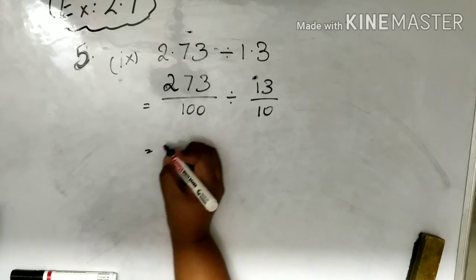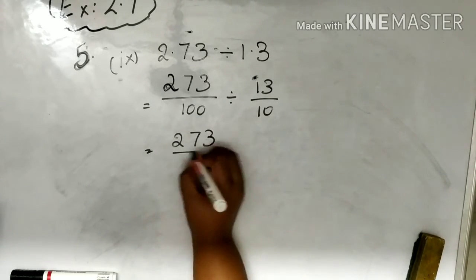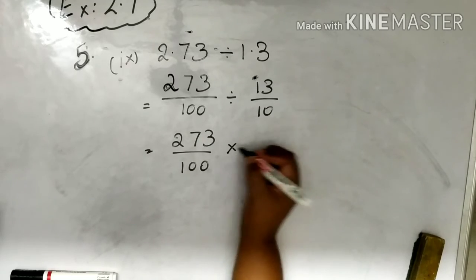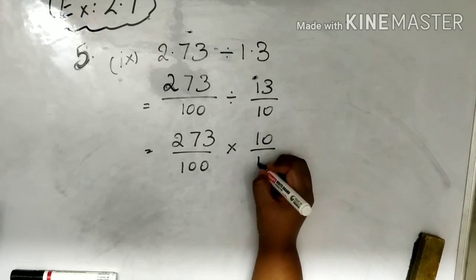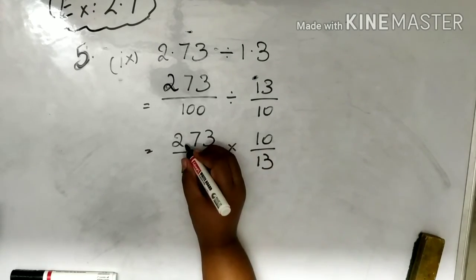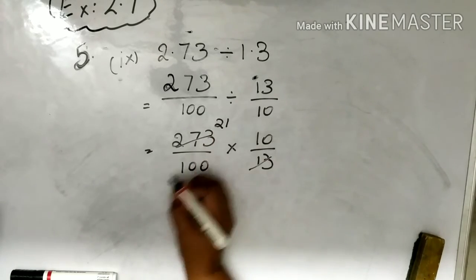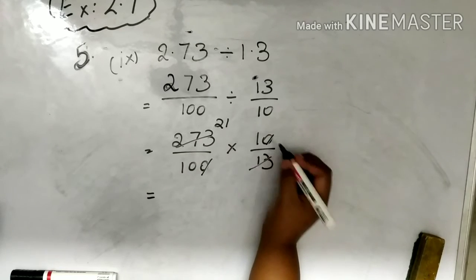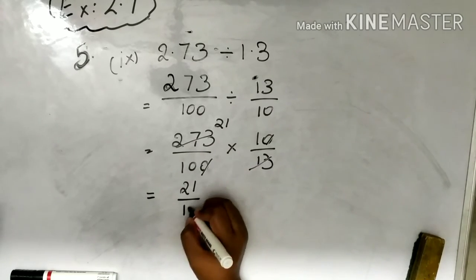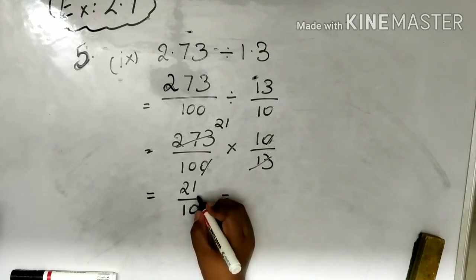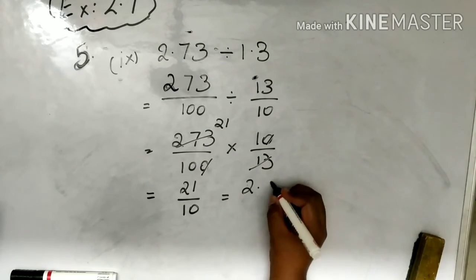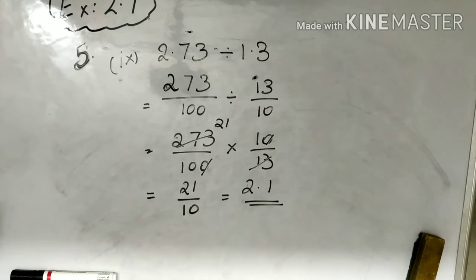Now solve this. 273 divided by 100, inverse of division, reciprocal, 10 by 13, and 273 by 13, yes, it goes by 21. And this also cancels, so we have 21 divided by 10. Answer will be here, divide by 10, so the decimal moves 1 place to the left, 2.1, right?